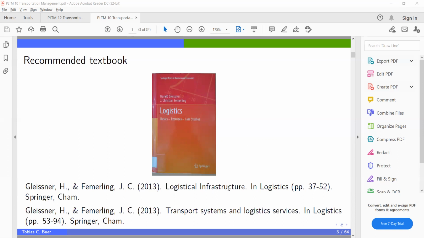It is very important that you are able to learn from the textbook as well as from the slides and the videos. The slides and the videos may set some highlights, give you a first rough orientation, but it's very important that you read the textbook yourself.